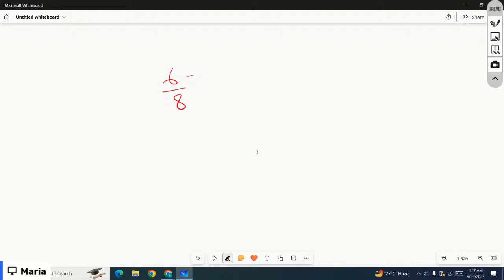You have to divide them by the greatest common number, that is 2. So, yes, that is 3 over 4. 6 by 8 in the lowest term is 3 by 4, right?